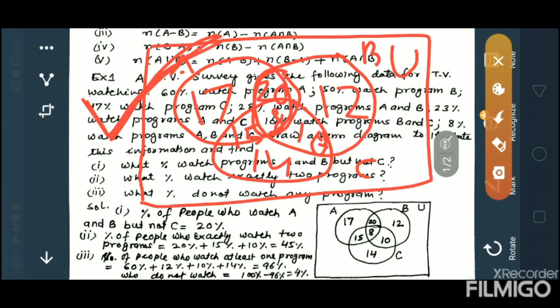Now we can answer any question arising out of this problem using this Venn diagram.